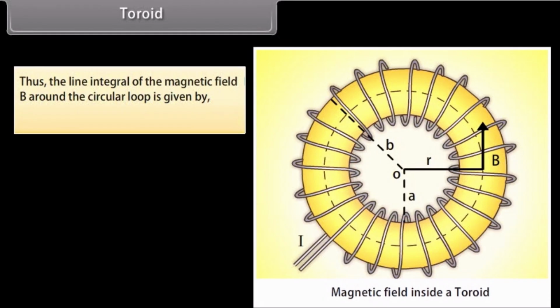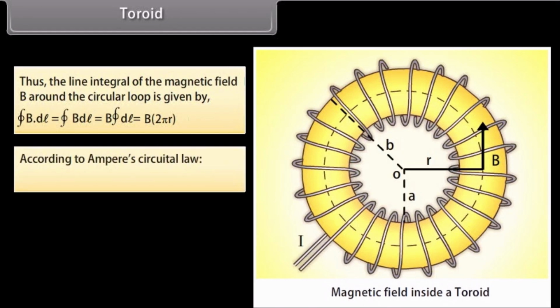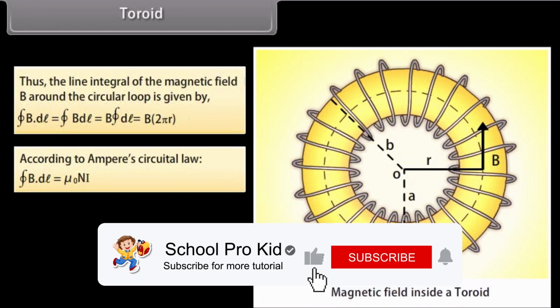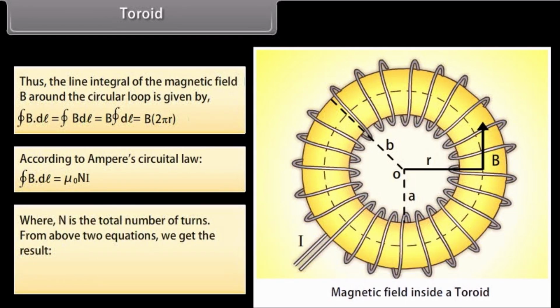Thus, the line integral of the magnetic field B around the circular loop is given by the product of B and 2 pi r. According to Ampere's circuital law, closed integral of B dot dl is equal to mu naught N I, where N is the total number of turns.